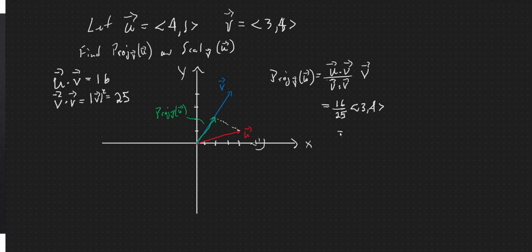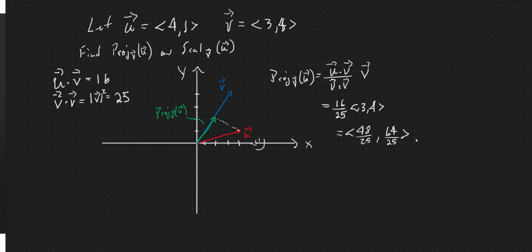So let's actually compute it. This is 48 over 25, almost 2, and then 64 over 25.